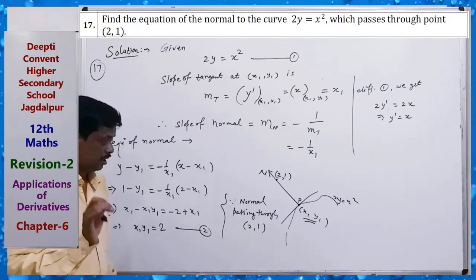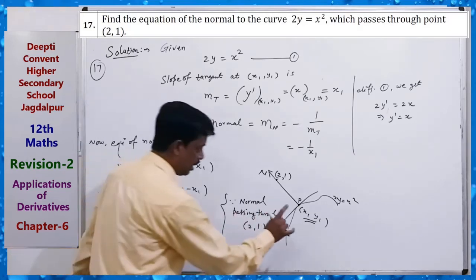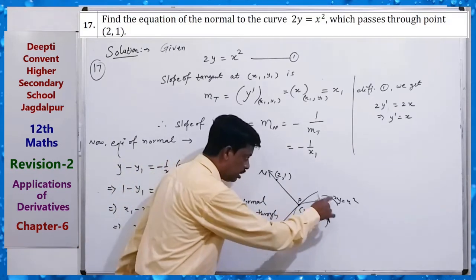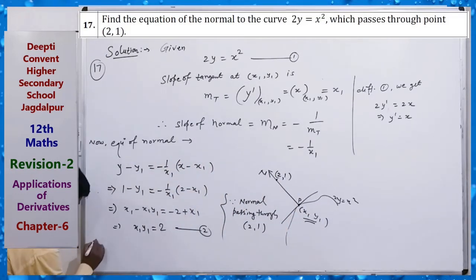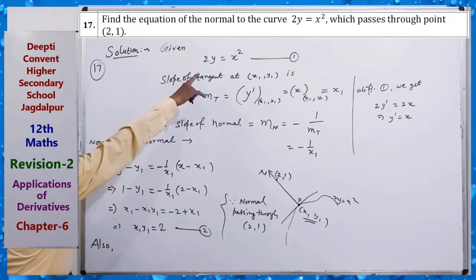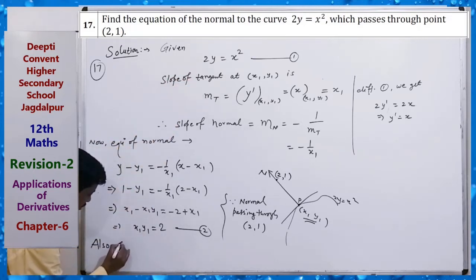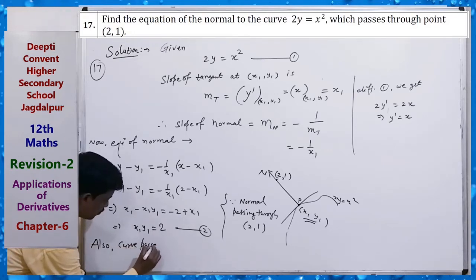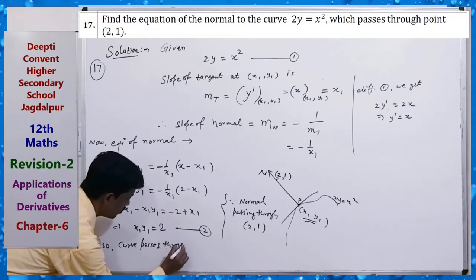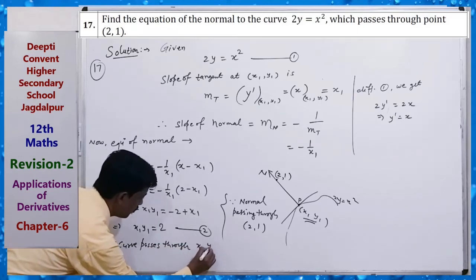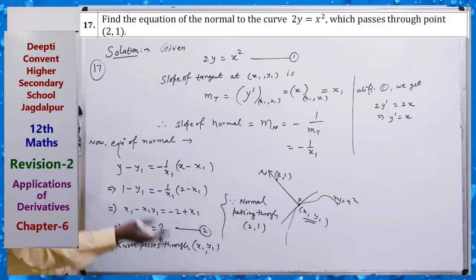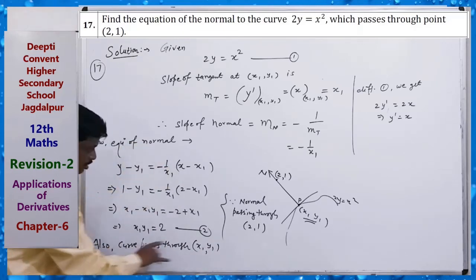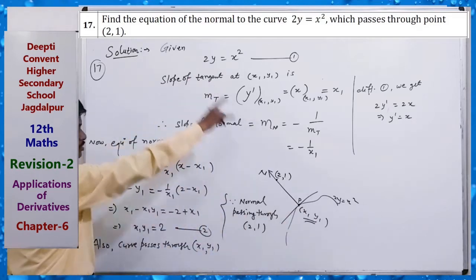So here x1 y1 equals to 2. Also, since (x1, y1) lies on the curve, the curve passes through (x1, y1), so it will satisfy this.